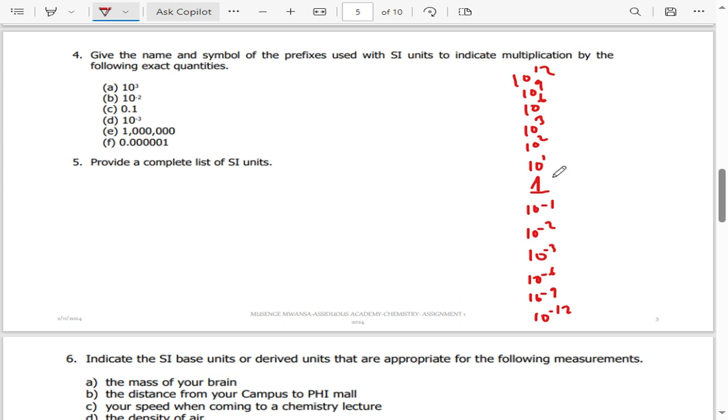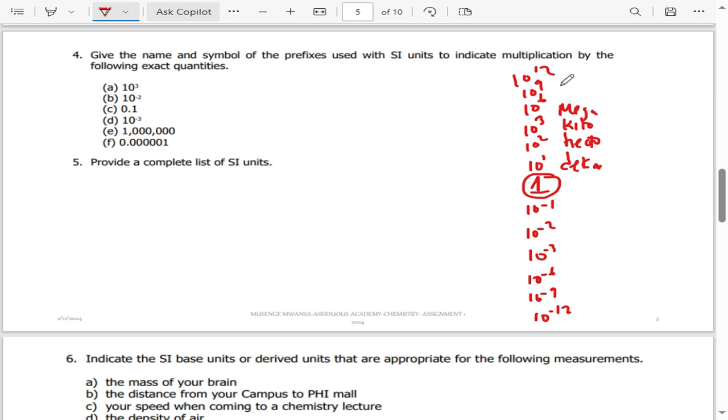You can also talk about others. Now, 1 is a reference point. So 10 to the power positive 1, that prefix is called a deca. 10 to the power 2, that is known as hecto. 10 to the power 3, that is a kilo. 10 to the power 6, that is a million, so that is a mega.